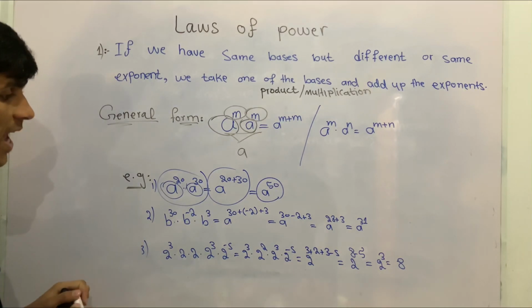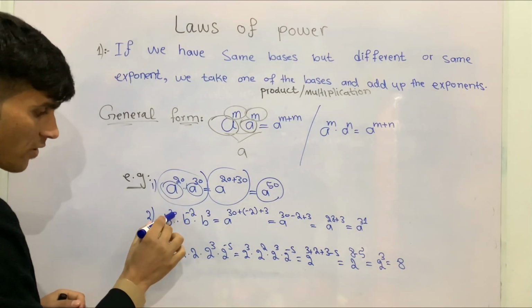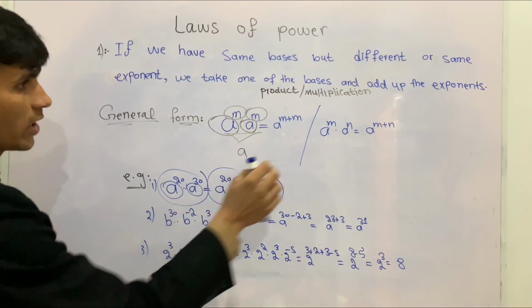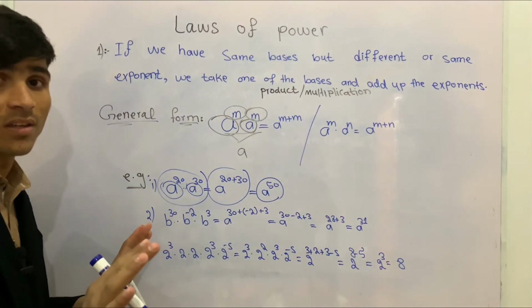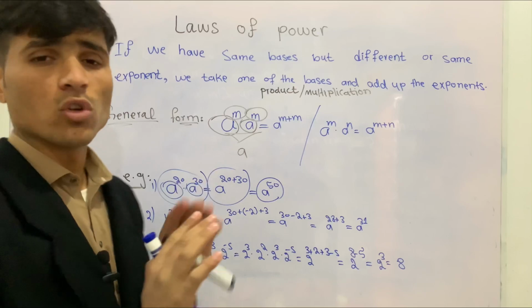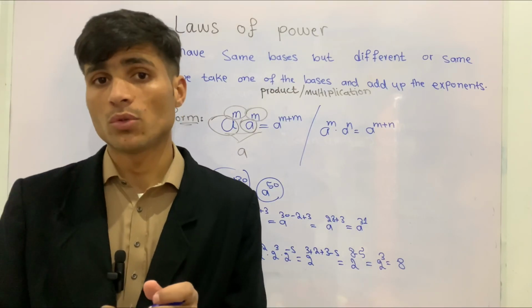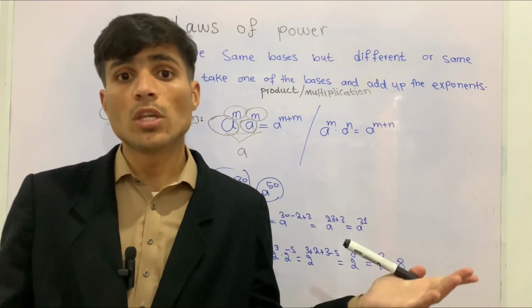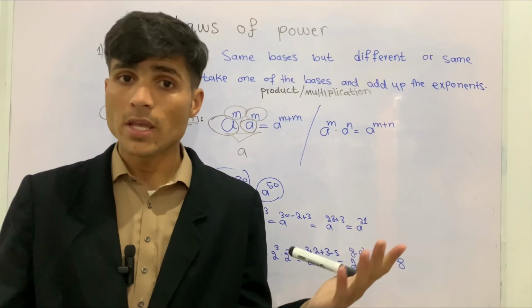The second example I have written is b to the power 30 multiplied by b to the power -2 multiplied by b to the power 3. The base could be anything: 2, -2, c, d, z, anything you want to write.